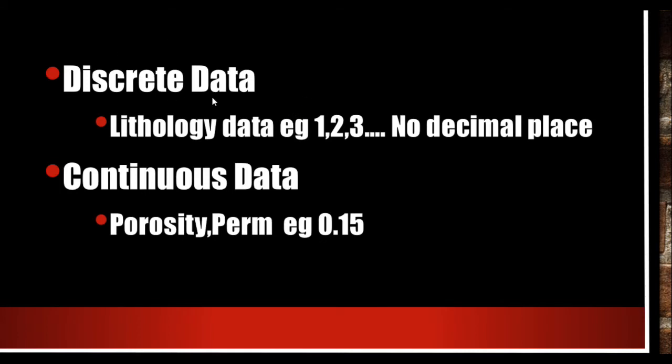There is something called discrete data, and something called continuous data. Discrete data are data like lithology data, which are given as integers, with no decimal places, an exact number. For example, if in a class you have 10 students, that is what we call discrete data or discrete value.